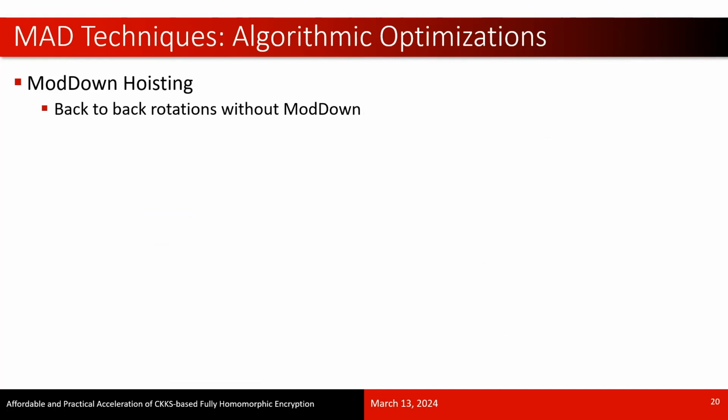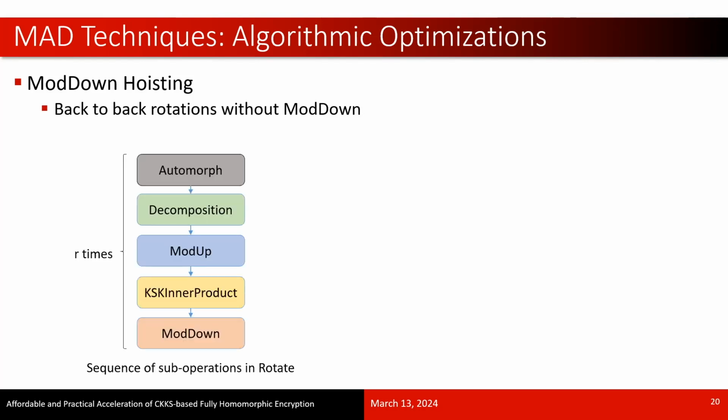Coming back to the mod down hoisting optimization. When we need to perform back-to-back rotation operations, this optimization is very helpful. Given the sequence of operations in rotate, if we need to perform, say, back-to-back R rotations, we can move the mod down operations from inside the loop to outside the loop, reducing the number of mod down operations that need to be performed.